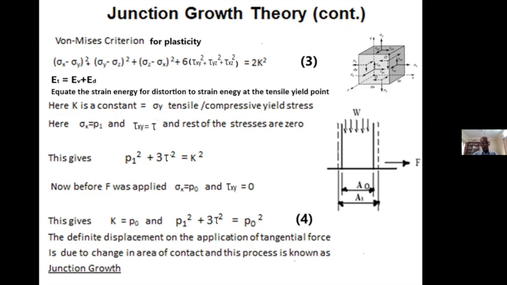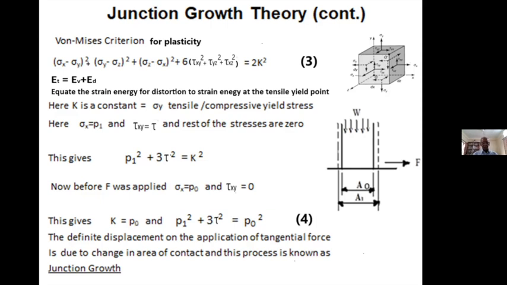And all the other stresses are 0. So K becomes P0 if you substitute this in equation 3. So now our governing equation for this situation becomes P1 squared plus 3 tau squared is equal to P0 squared.